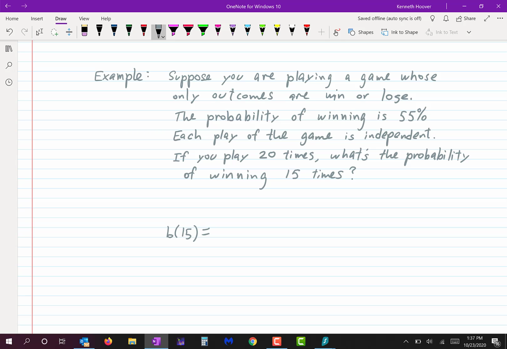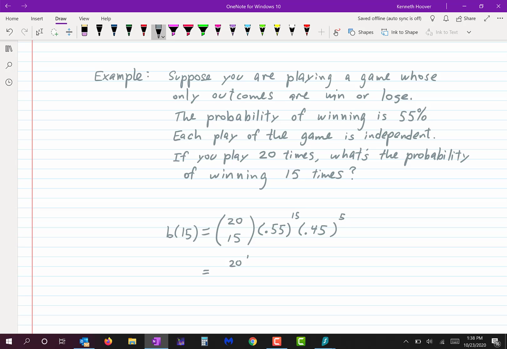How many times are we playing? 20 times. How many times are we asked about winning? 15 times, so we write 20 choose 15. What's the probability of winning each time? It's 0.55, so we do 0.55 to the power of 15 times the probability of losing, 0.45 to the power of 20 minus 15. And that's going to give us our answer.